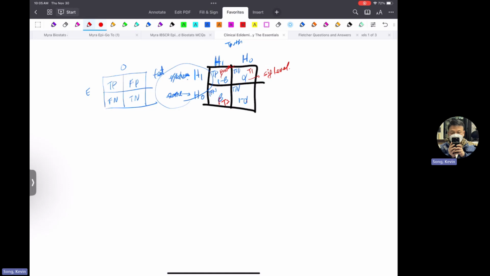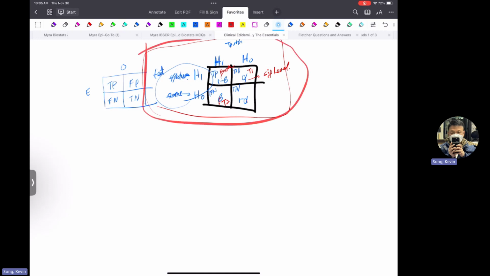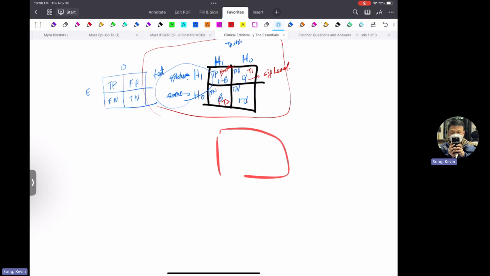But if you draw the contingency table in this way, instead of what is mostly thrown in other literature like First Aid or other resources, they sometimes call it H1 here and then the H1 here, and that's not really consistent with the contingency table we are familiar with.